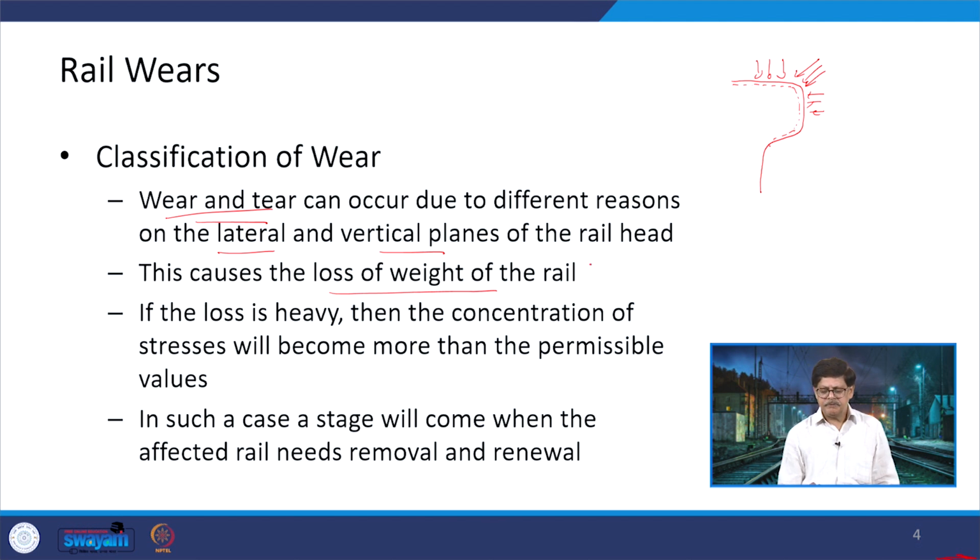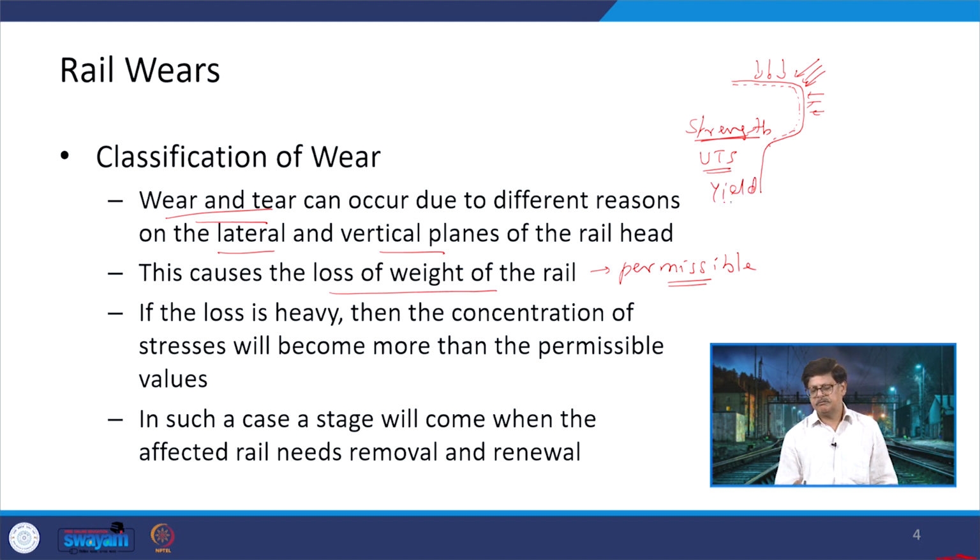Now there is a permissible value. Up to the permissible value, if it is happening, it is fine, but if it goes beyond that, it will adversely affect the strength parameters. With respect to the loads coming from the top, which are borne by the strength of this rail section, that strength can also be referred to as the UTS, the ultimate tensile strength, or the yield strength.